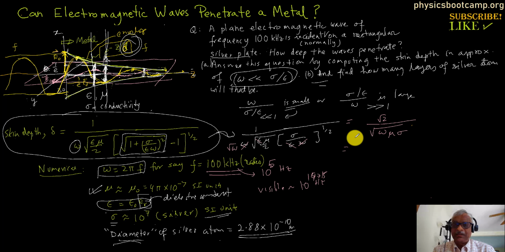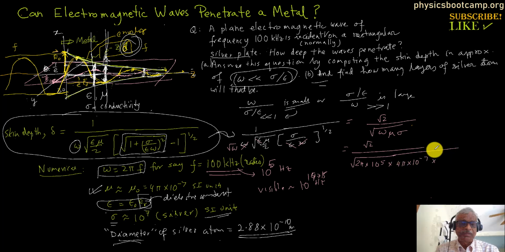Clearly we can compute this for these values. So I have a square root of 2, and then you have a square root of 2 pi f, 10 to the power 5 for 2 pi f, and mu is 4 pi times 10 to the minus 7, and then sigma is 10 to the 7.